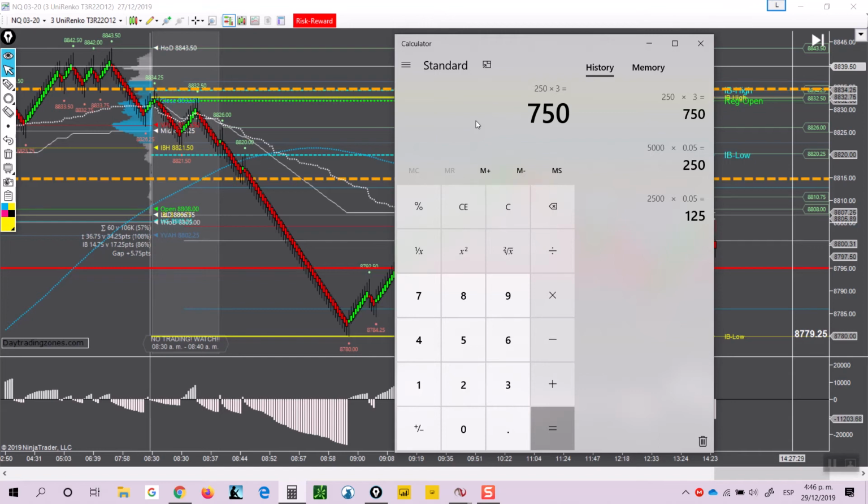Okay, so again, if you have a 2500 account and you're risking 5%, that's going to be 125. Your target should be 3 times your risk, so that's going to be 375.